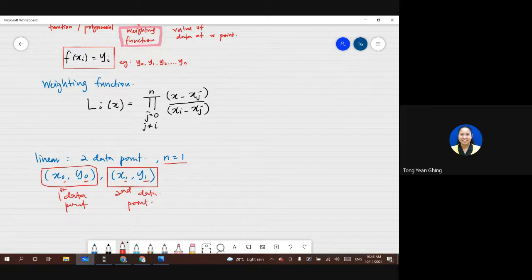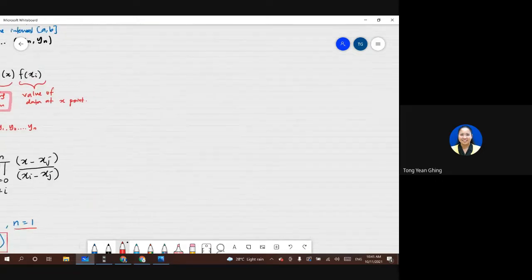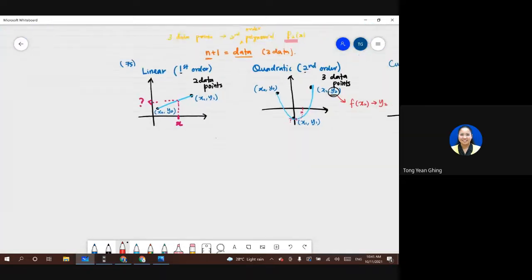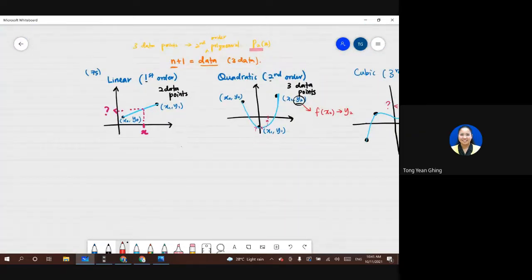If let's say second order, just now we go back. For this one you have x naught, y naught, x1, y1, so the n is 1. For the second order polynomial, let's say we have three data points, that means n is 2.